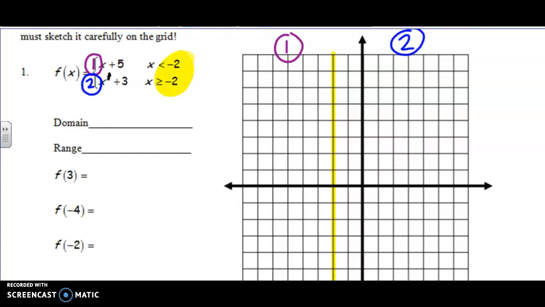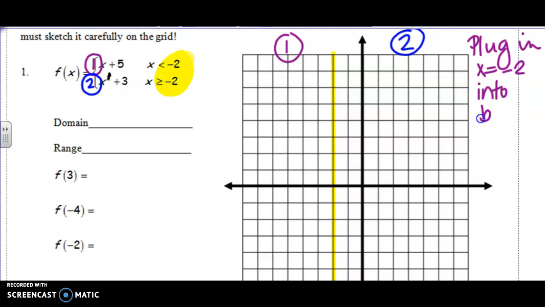So one thing you can do is you can plug in or substitute whatever that boundary value is into both equations. So you're going to plug -2 for your x into both. That will give you an ordered pair of where each one sits. So if I use this first one, I'll do this down here in purple.